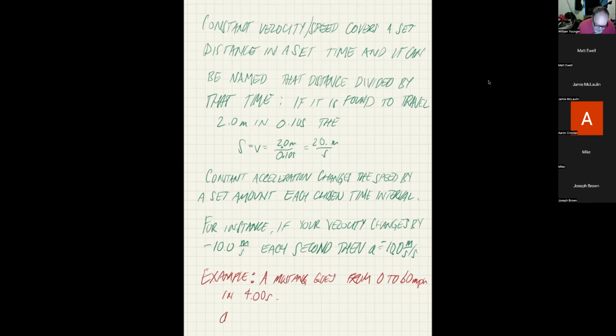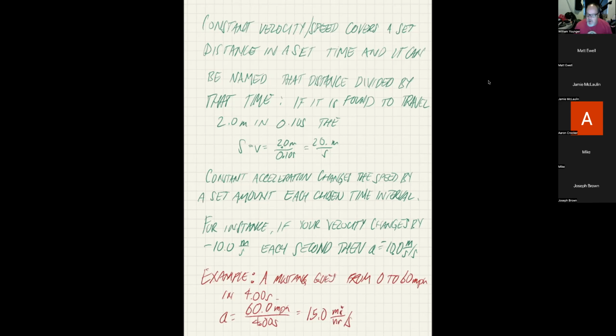So the acceleration would be 60, and I'm going to go ahead and pretend there's an extra sig fig, miles per hour divided by 4.00 seconds. So that gives us 15.0 miles per hour per second. And that's a nice unit. It's ugly, but it's a nice unit because we really get a feel for it.